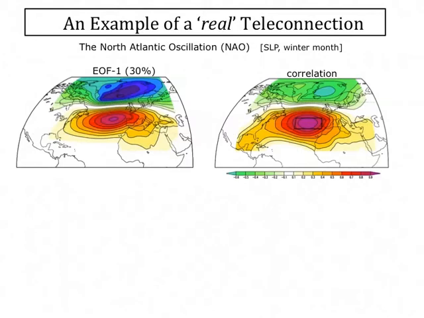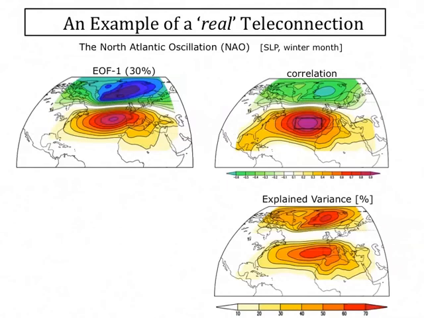If you correlate this region with the rest, you see it is indeed a negative correlation. So this relationship is true. I would say it's a true anti-correlation, a true dipole, a true teleconnection, a true coherent interaction going on between these two poles.